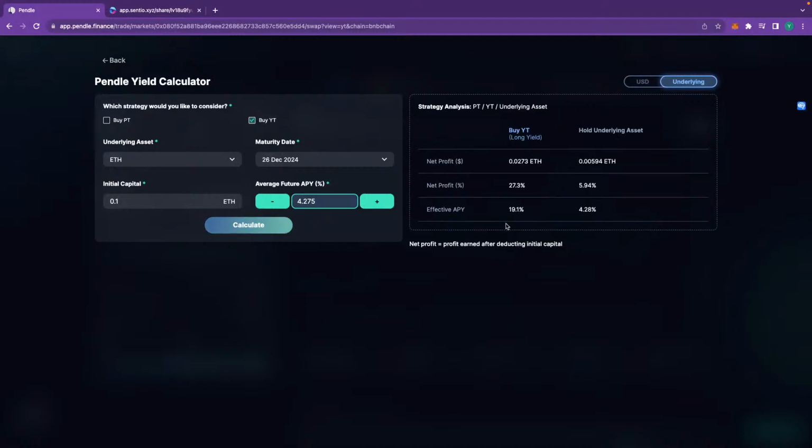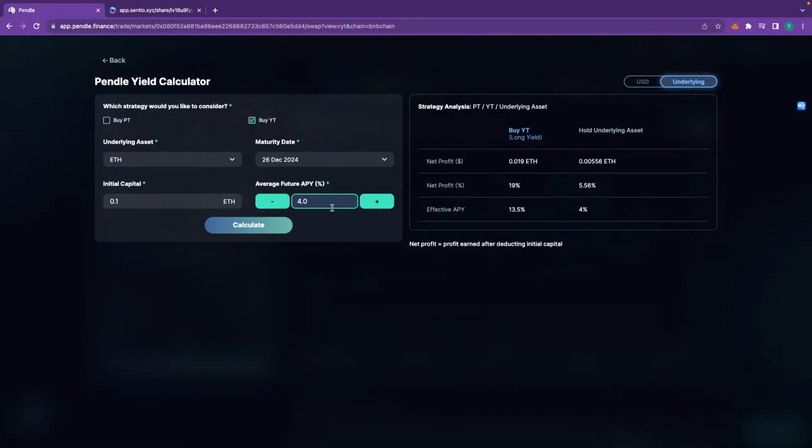And yeah, if it stays at this level of APY, you are going to get 19.1% on your YT. If you think that Binance staked ETH yield is going to be even higher, like say 4.5%, you can also calculate and see your potential return. Or if you think that maybe the yield in the long term could only be like 4%, you can also calculate and see if it's worth it.